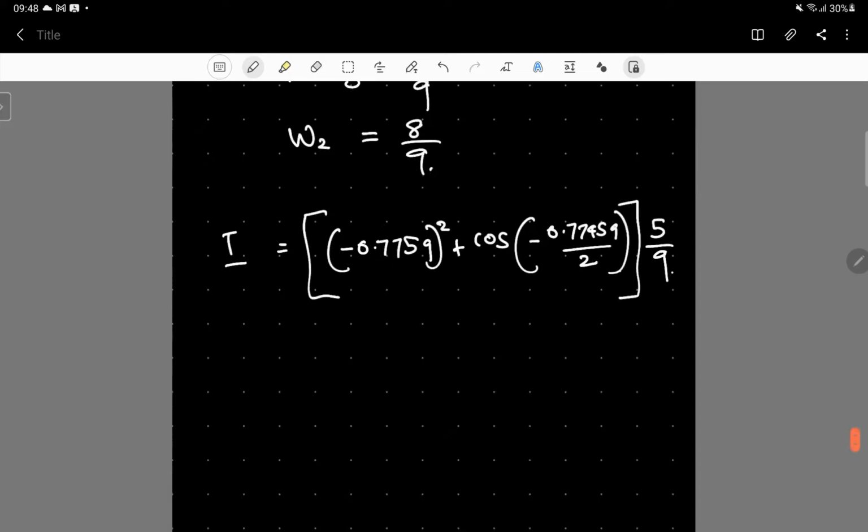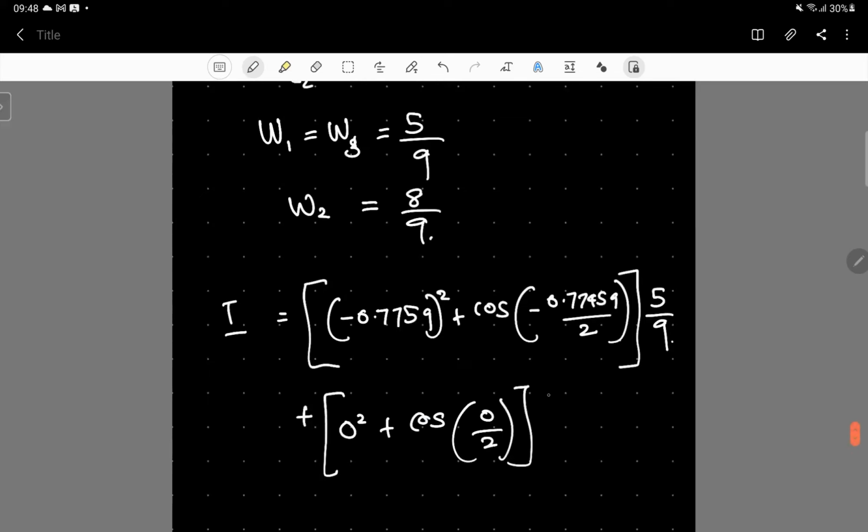And the x2 value is nothing but 0 squared plus cos 0 divided by 2, multiplied by 8/9.